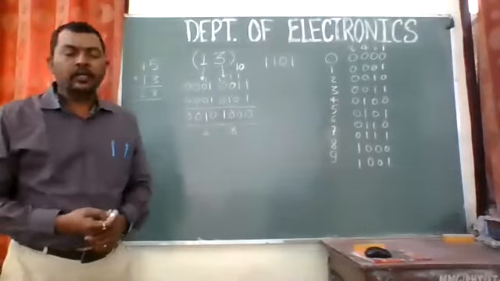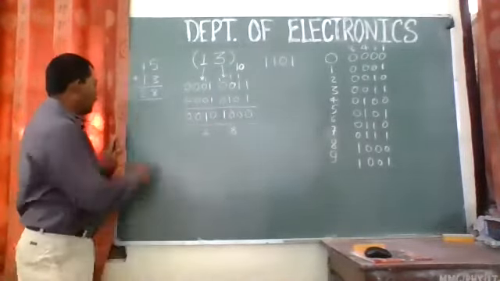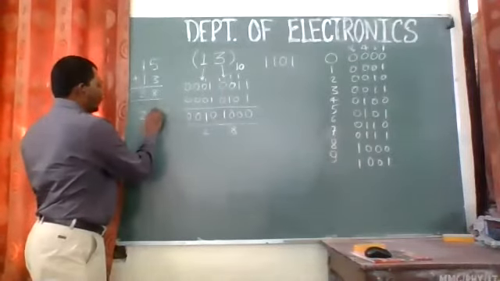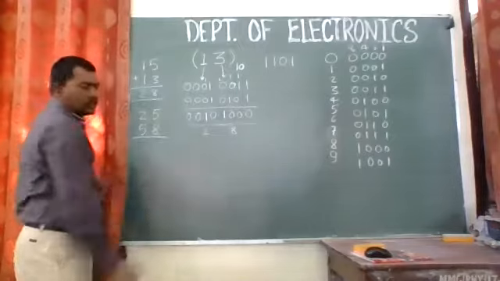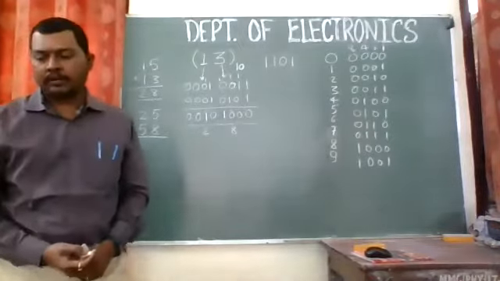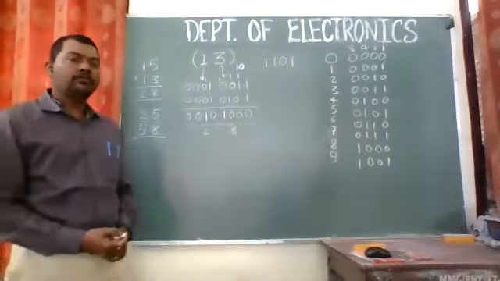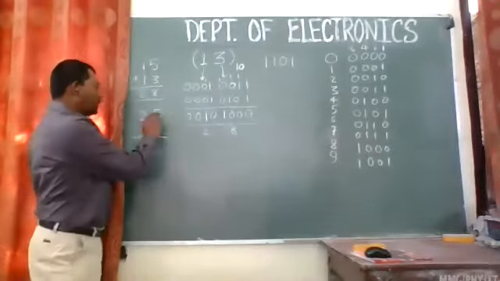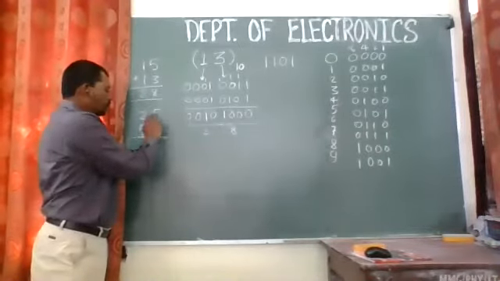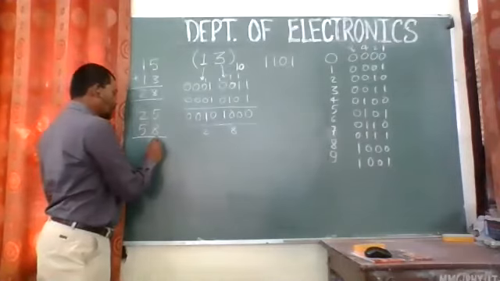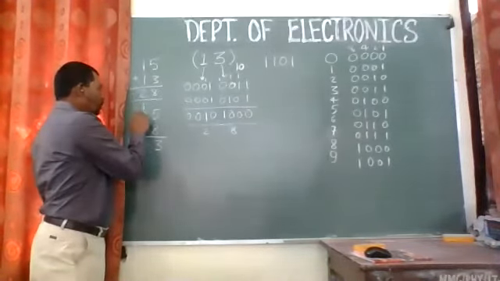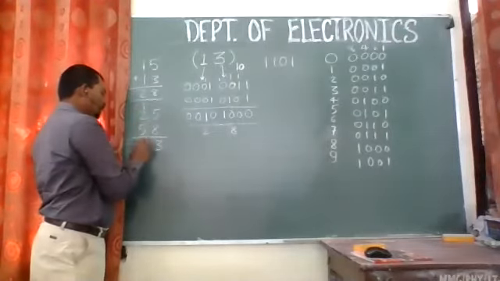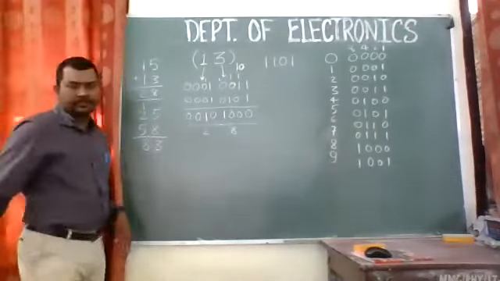What is to be done then? Take the numbers 25 and 58, the decimal numbers we have to add. 5 plus 8 gives 13, that is 3 with a carry 1. 1 plus 2 is 3, 3 plus 5 is 8. Wait: 2 plus 5 plus carry 1 is 8, so 83 is the answer.